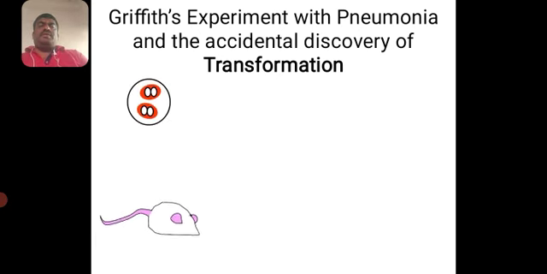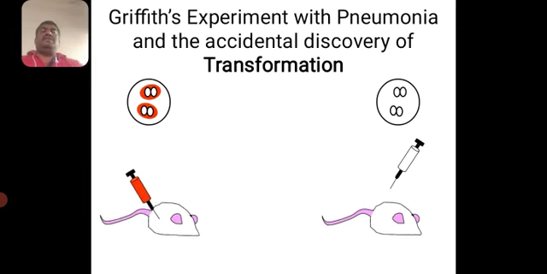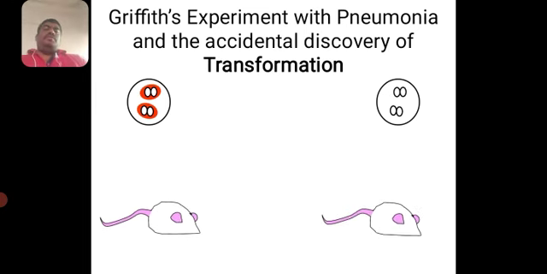In the first step of the Griffith experiment, he made use of a lab animal, the mice, and he injected a smooth strain of pneumonia into the mice. Because of the injection of the smooth strain, the mice died, and because of the injection of a rough strain, the mice did not die; they remained alive.